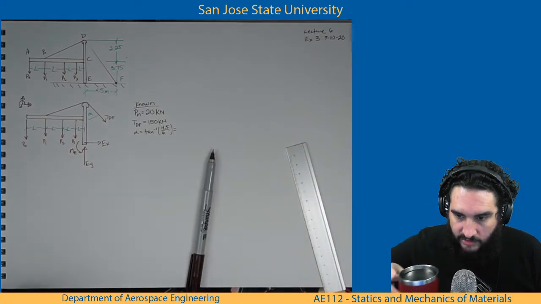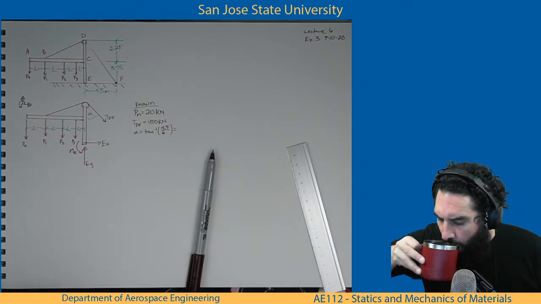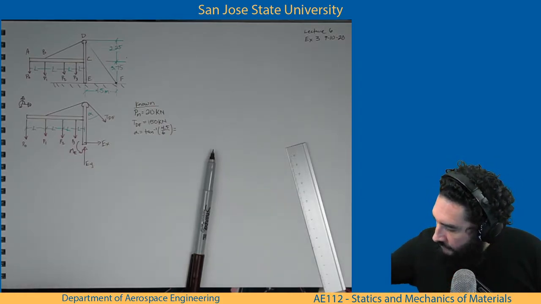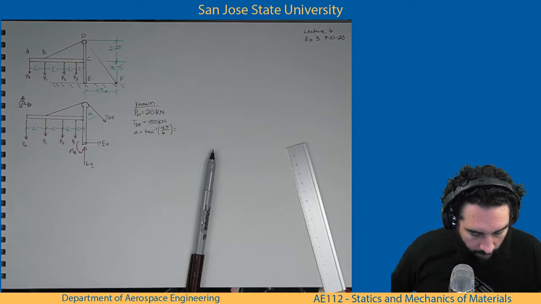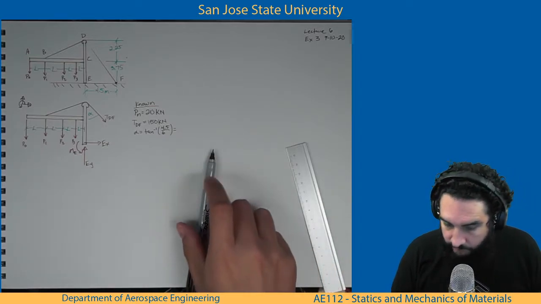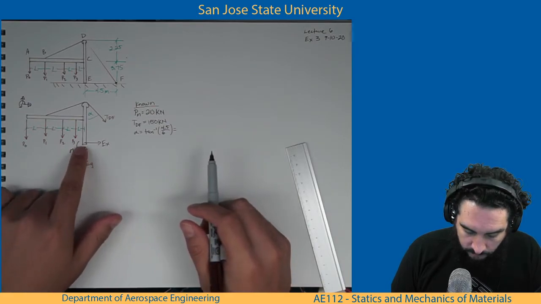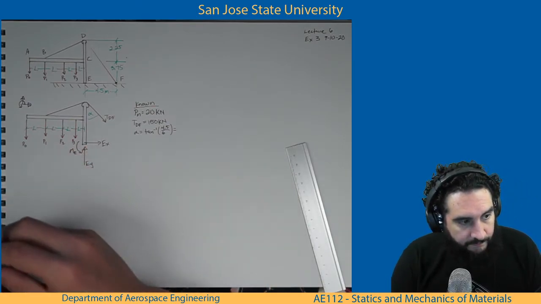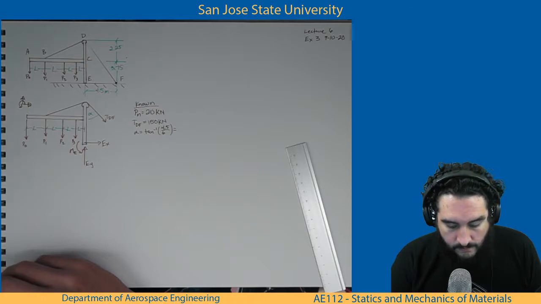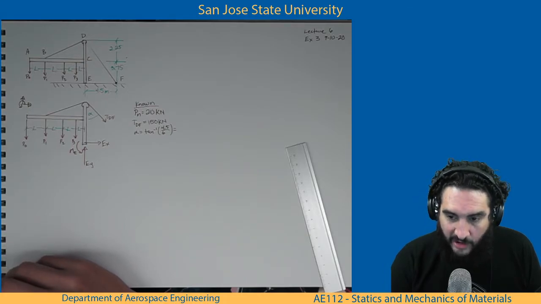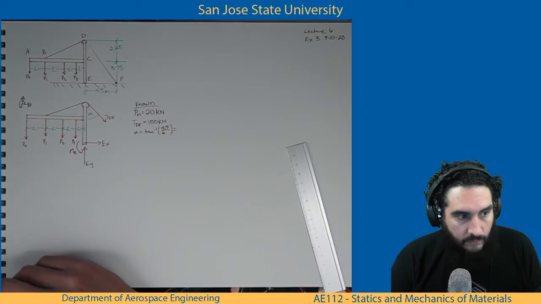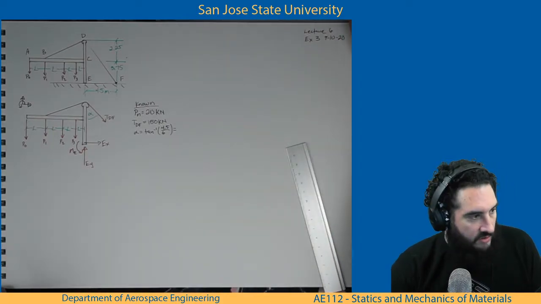All right, let's get into solving. Oh, why did you remove that point F again? Because it's part of the ground. Oh, okay.